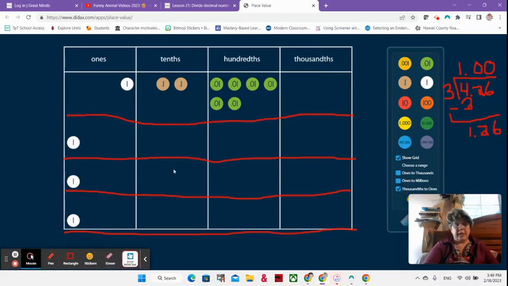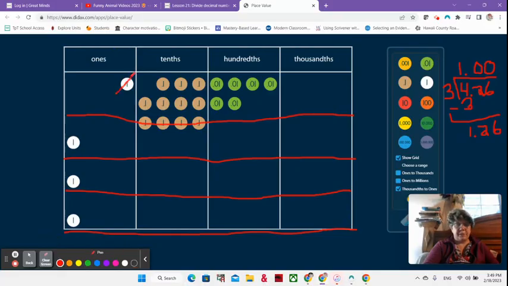Okay, so now we have 1 left, and you see that we have this 1 left here. It's going to now go with our tenths. So we're going to have to change it into 10 tenths. 1, 2, 3, 4, 5, 6, 7, 8, 9, and I'll just put the last one up there, 10, and it has been used.